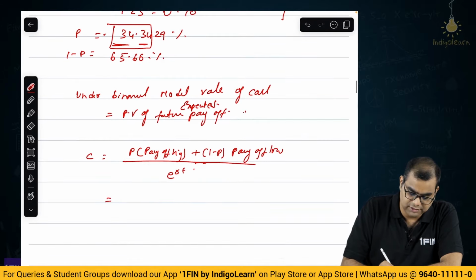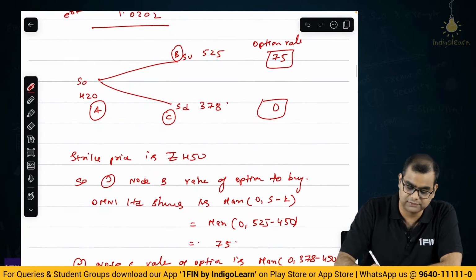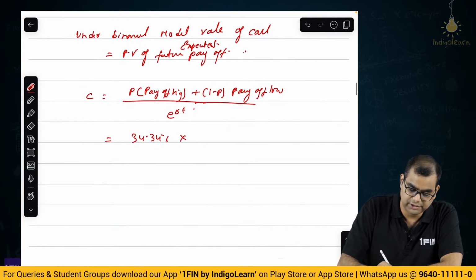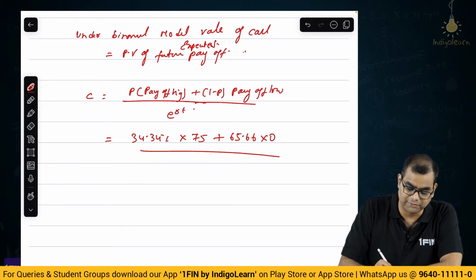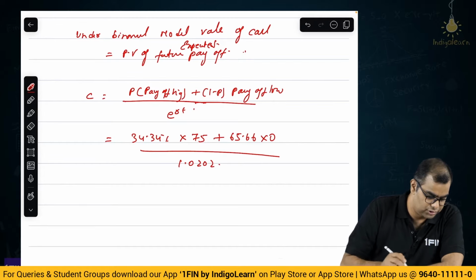That is 34.34% into the payoff high, which is 75, plus 65.66 into 0, because that is the value when the option is worthless, divided by 1.0202. So, that will be 34.34 into 75 divided by 1.0202.